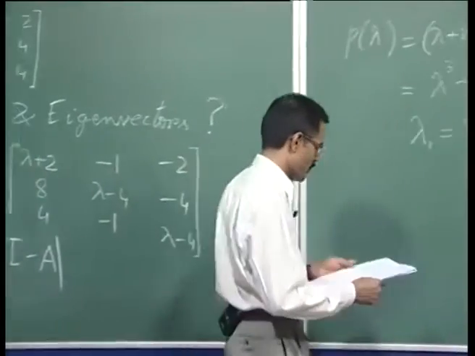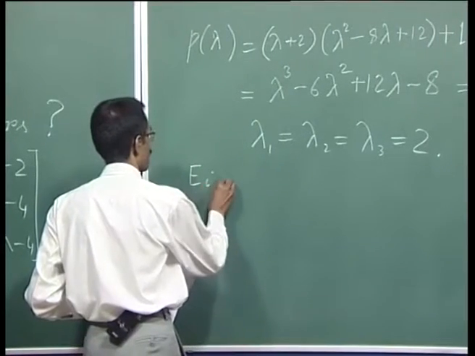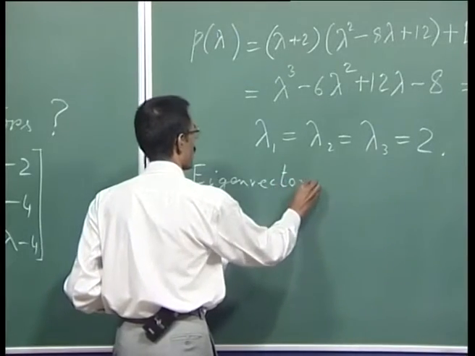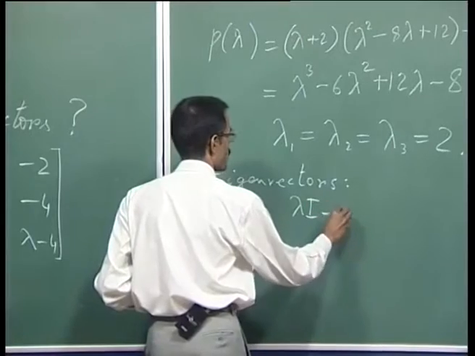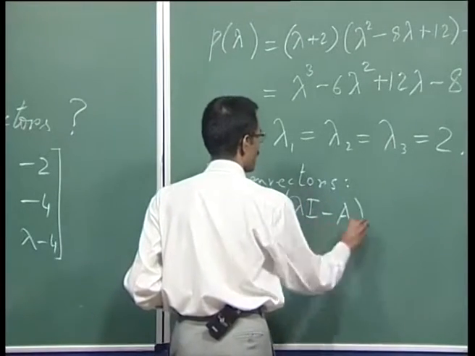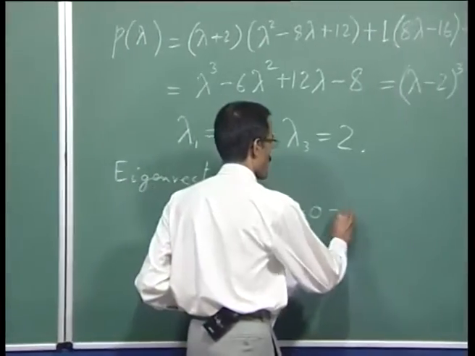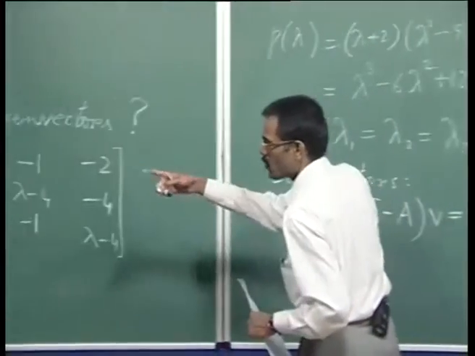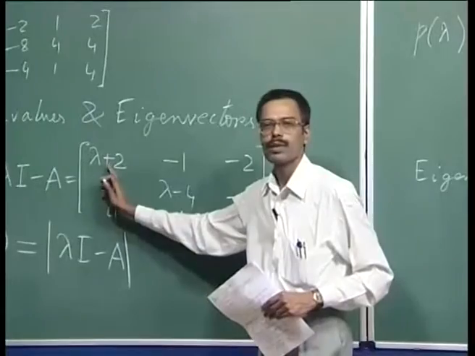So, as we do that, for finding eigenvectors, we will take lambda I minus A into V equal to 0, or that same lambda I minus A we can use by putting lambda equal to 2 here, right.